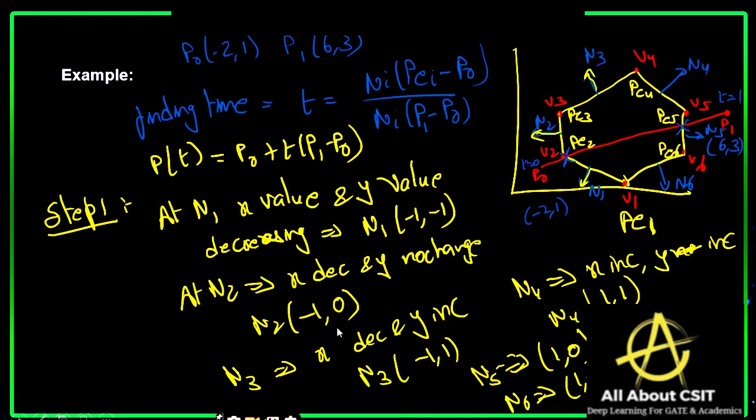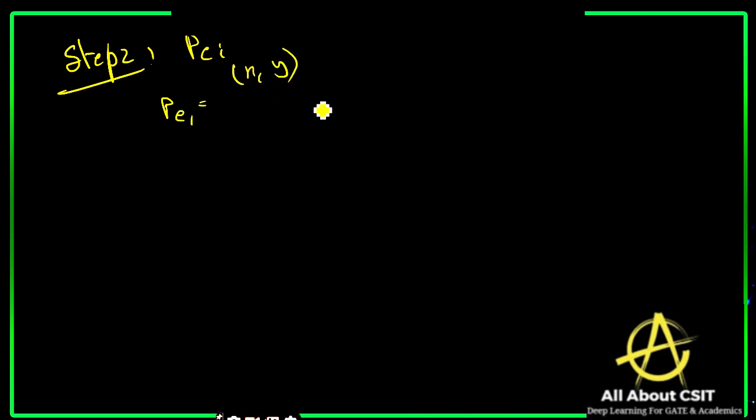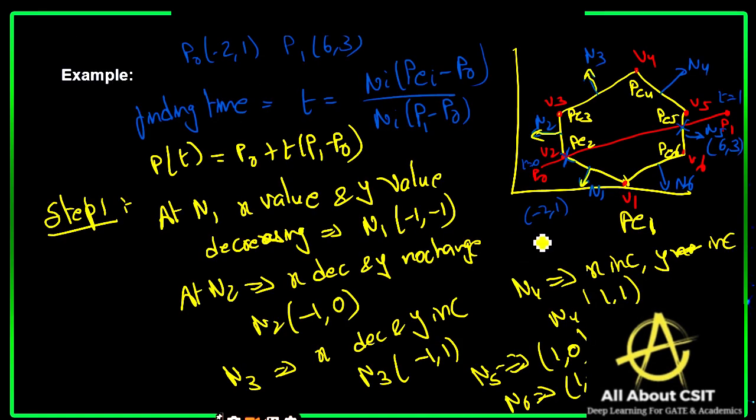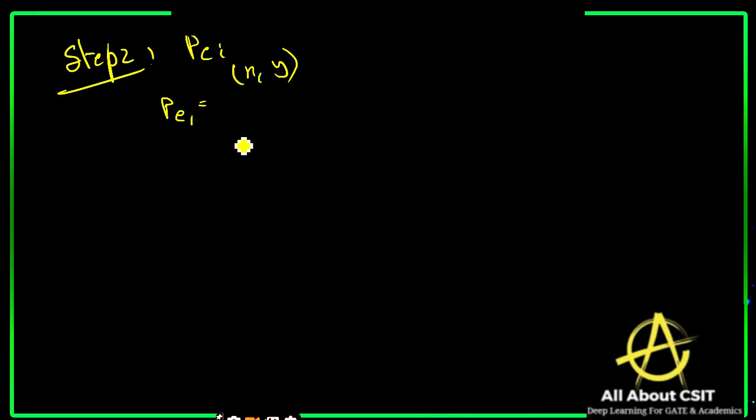Now you have to find step 2. What is step 2? The step 2 is the point at edge PEi. PEi is nothing but the xy values, that is the vertex value. Let us take the vertex values. V1 is 3 comma 0, and like that, vertex values are the same as the point at edges.